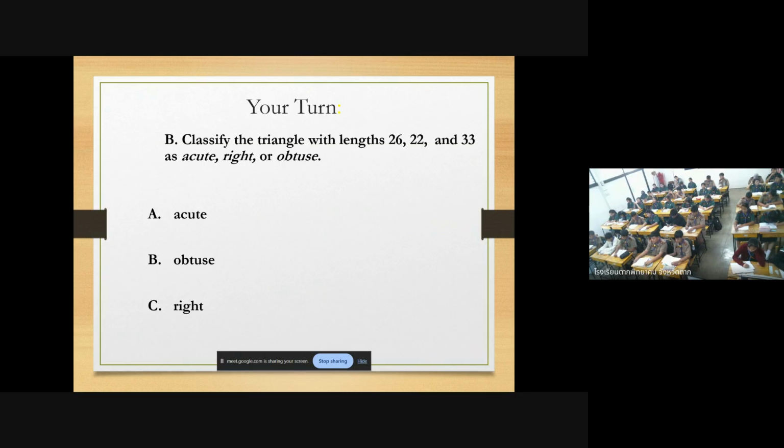Anyone? Acute or obtuse or right? Very good. The answer is acute. Okay. Acute triangle.